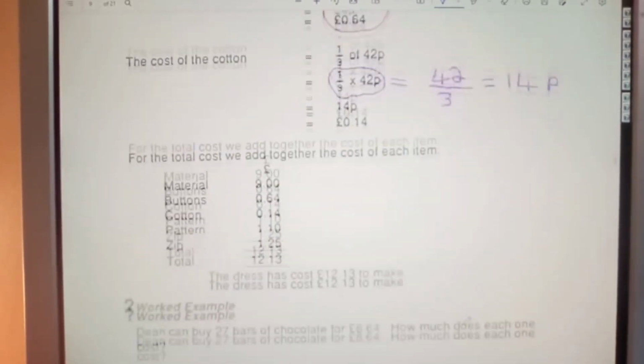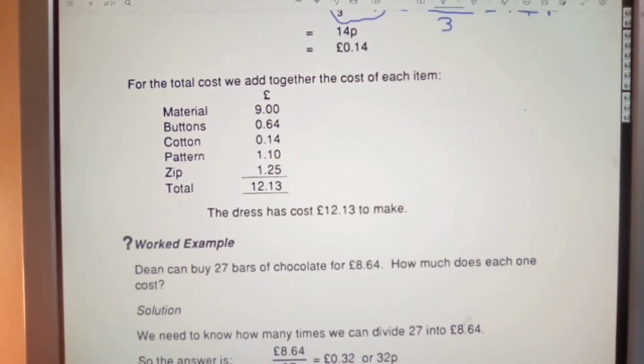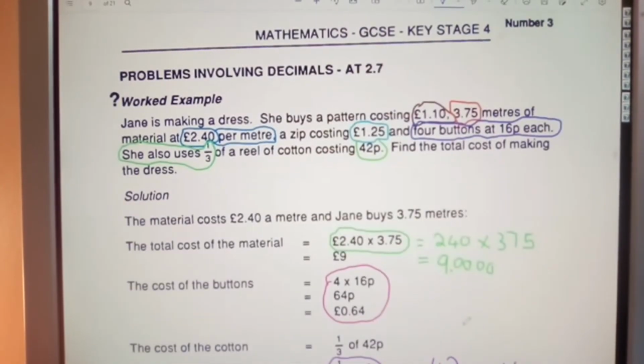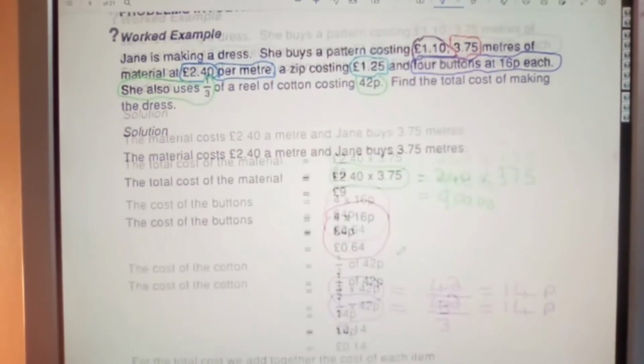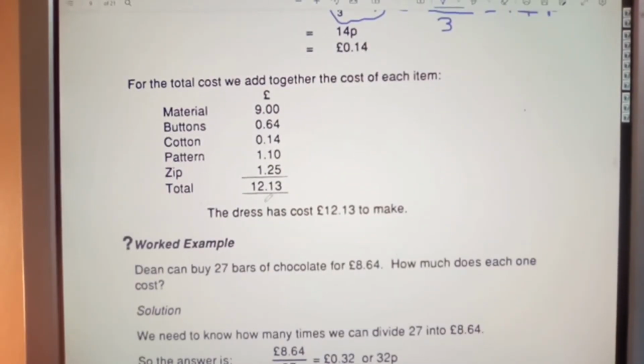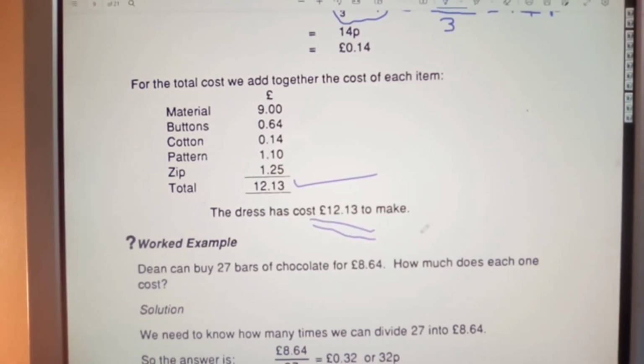And the pattern has already been selected, and the zip costs £1.25. If we go back again, you remember where the zip was. Here we are. When we add all that up together, the total cost comes to £12.13, and that would be correct. So the total cost of our dress is £13 and something pence.